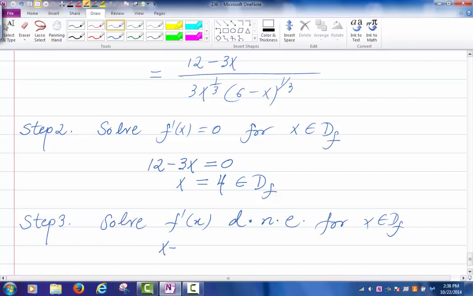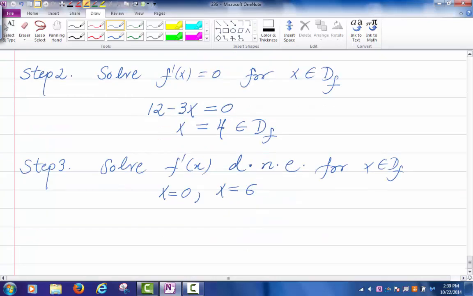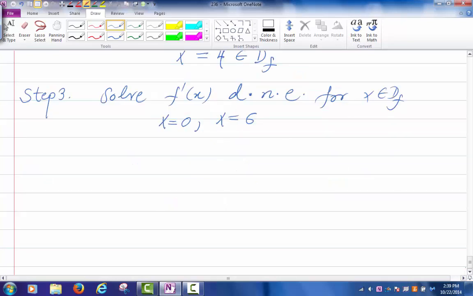What are the values of x where it doesn't exist? You have a fraction, right? So you cannot divide by 0. So you cannot have 0 in the denominator. So the denominator would be 0 when x is 0 or 6. So in this case, we are getting solutions from step 3, right? In the previous two, we didn't. So what are the critical points?